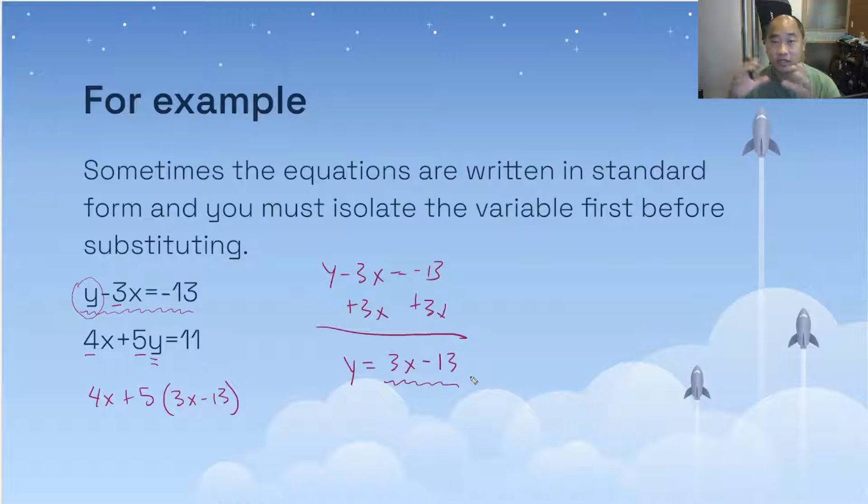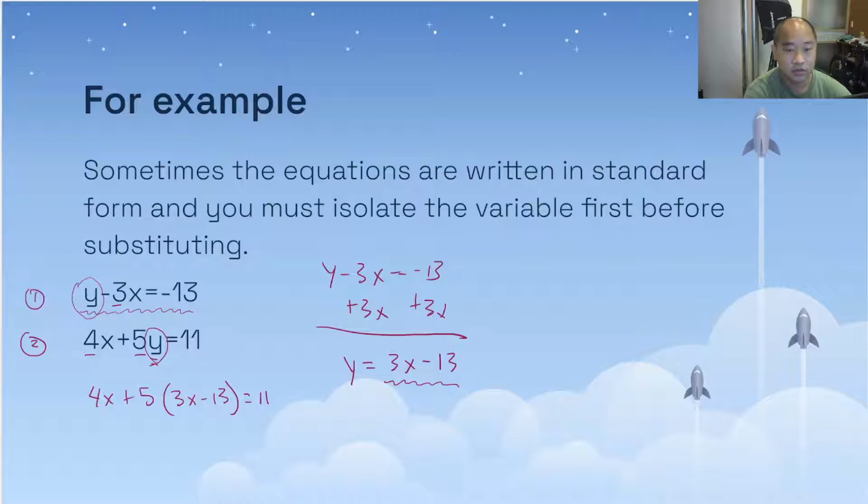You want to make sure that it's put into a grouping. Equals 11. Also, you want to be sure that if you isolate the variable on one equation, then you put the isolated variable y into the other equation. You want to put this 3x minus 13 into this y, not this y. Okay?